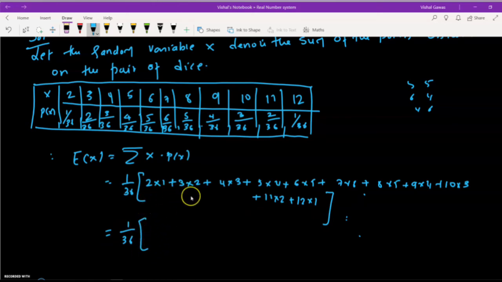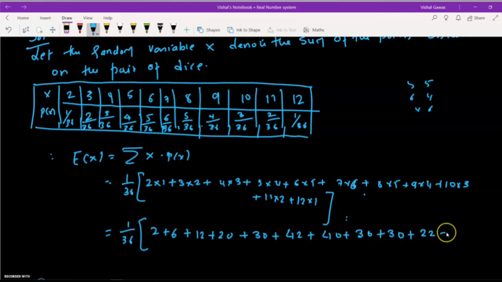If I can write this, well, let's multiply rather than actually doing this. So 2 into 1 is 2, plus 6 plus 12 plus 20, plus 30 if I'm right, plus 7 into 6, so 42 plus 40 plus 36 plus 30 plus 22 plus 12.